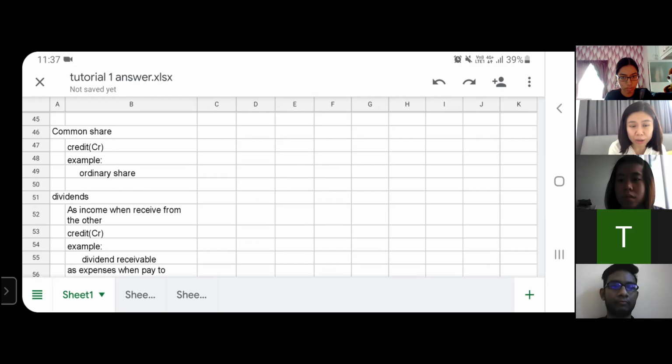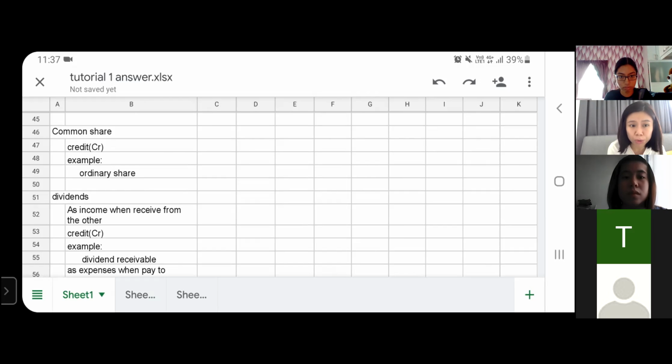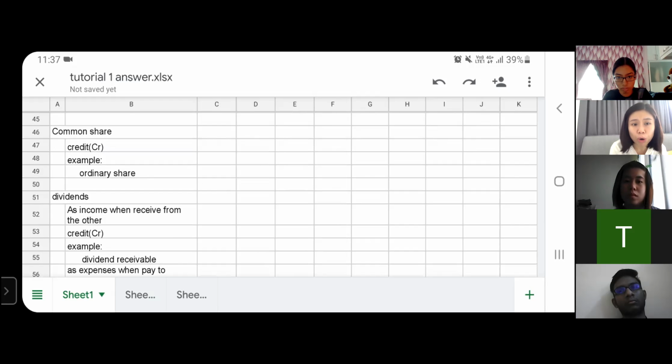Ordinary share can also be offered to investors internally; it is not compulsory to be public. Even if you are a private company, you can raise funds by issuing ordinary share to private investors.